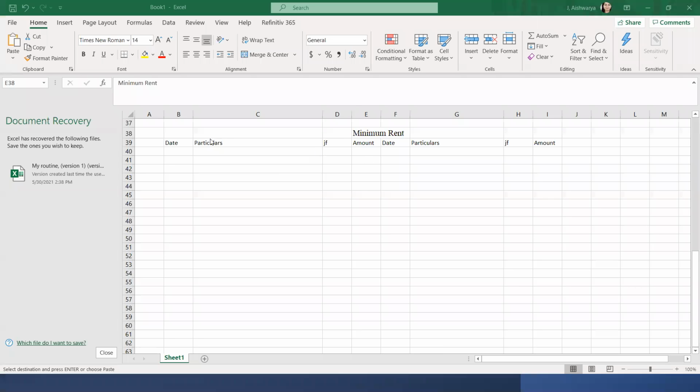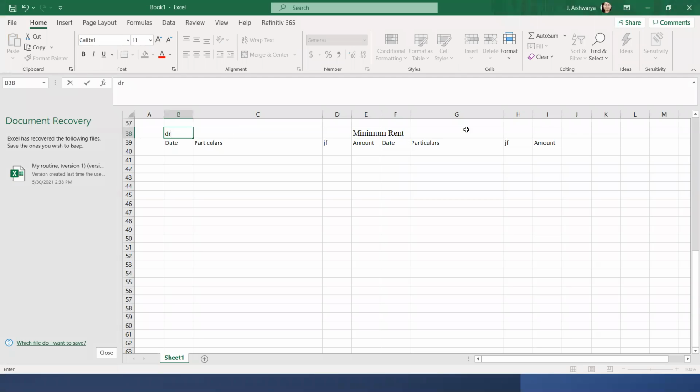Okay, I'll just copy it because I have just prepared it for the C section also, same thing. Now, as we are preparing a minimum rent account, here it is a debit side.